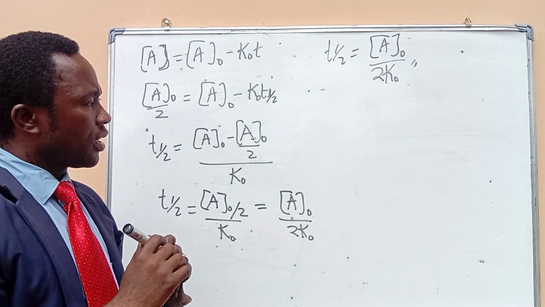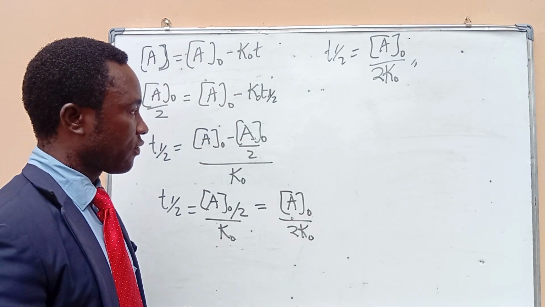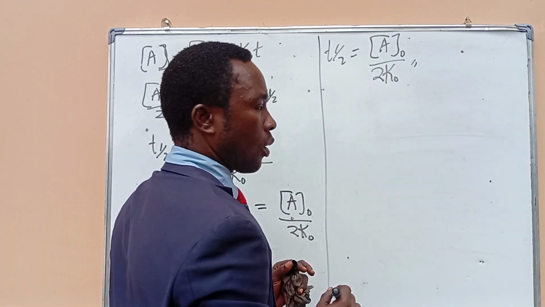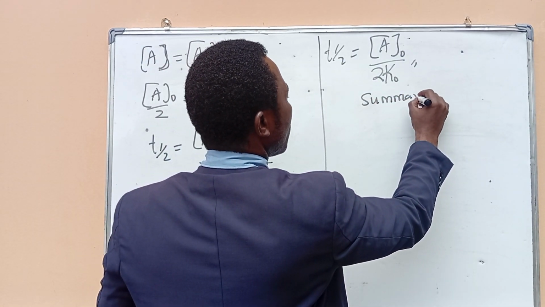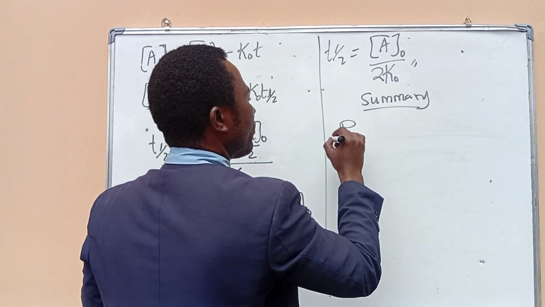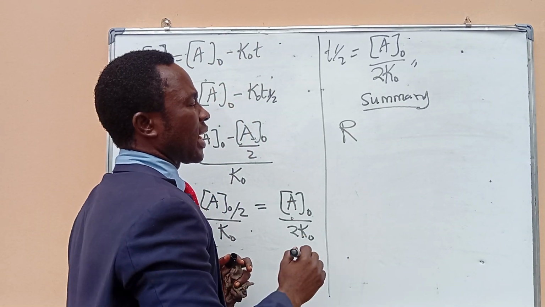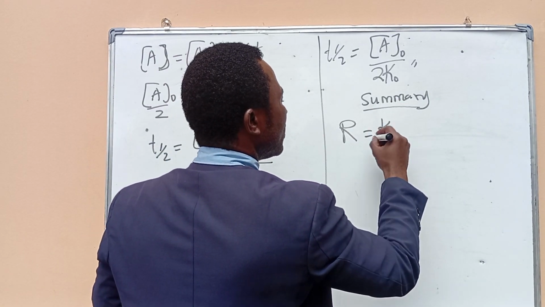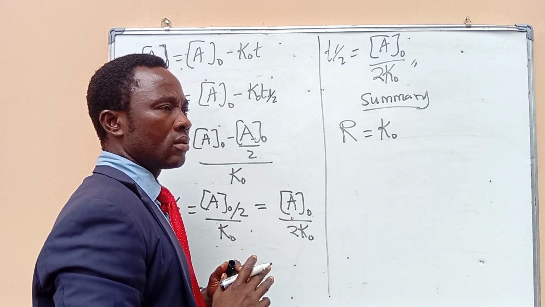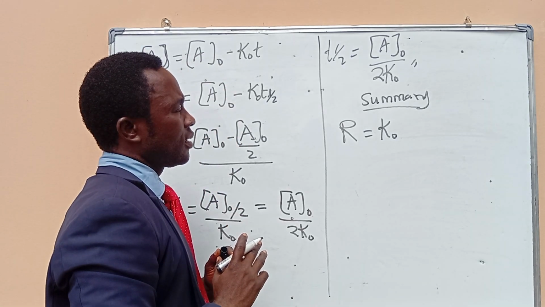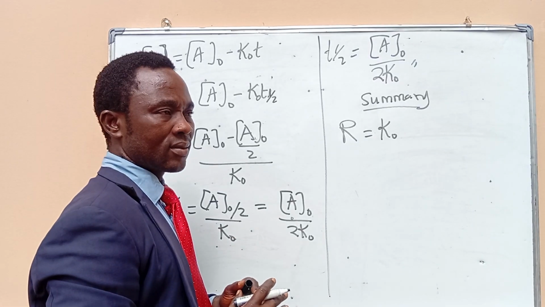Now, in summary, what do we have? The rate for a zero order reaction is equal to the rate constant, not dependent on the concentration of the reactant.